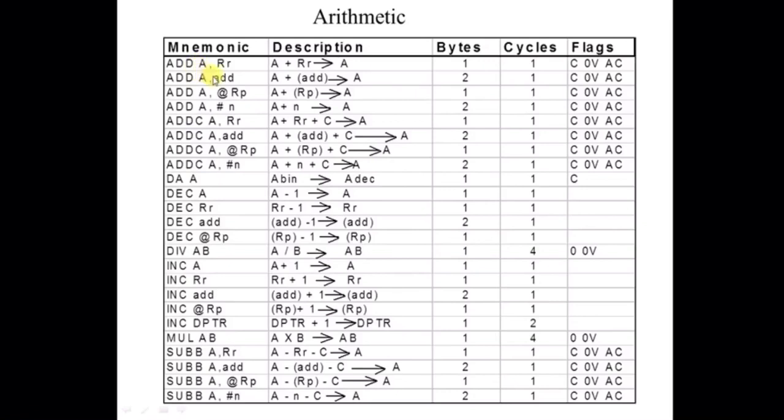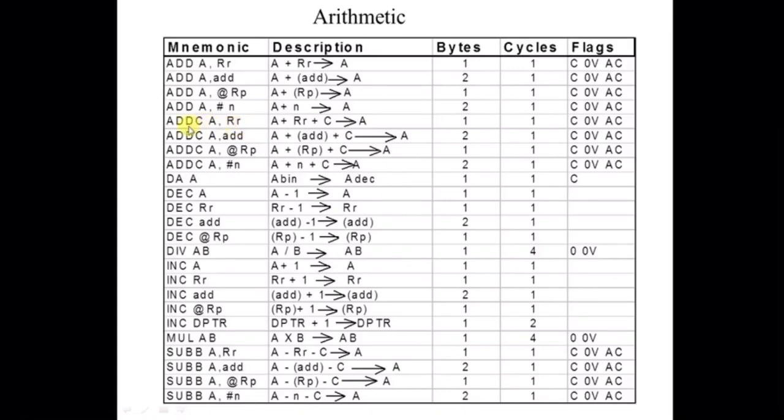The syntaxes are ADD A, Rr; ADD A, address location value; ADD accumulator and pointer register address location; and next ADD A, #n, which is a constant value. It will add the accumulator value and the constant value directly and save your result in the accumulator. And the next instruction is ADDC A, Rr.